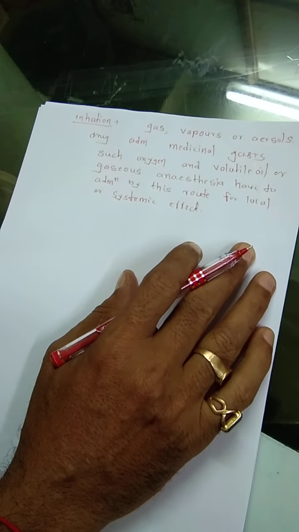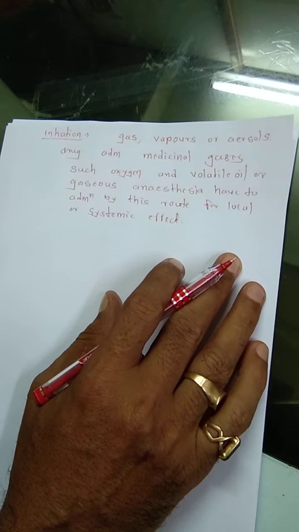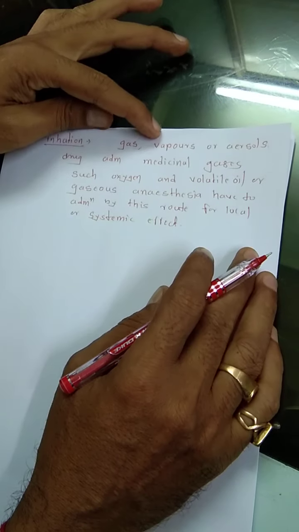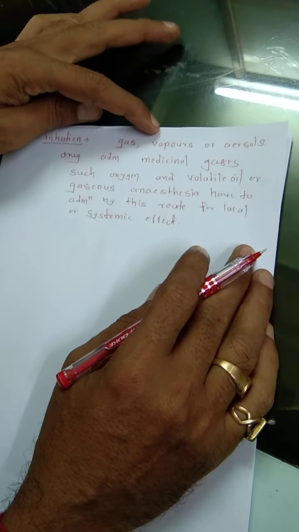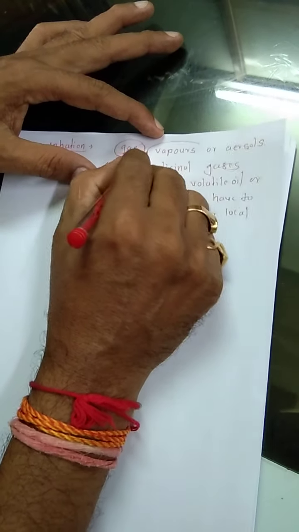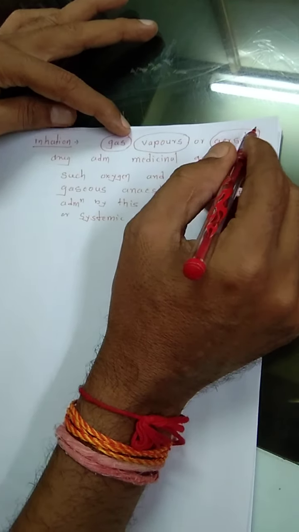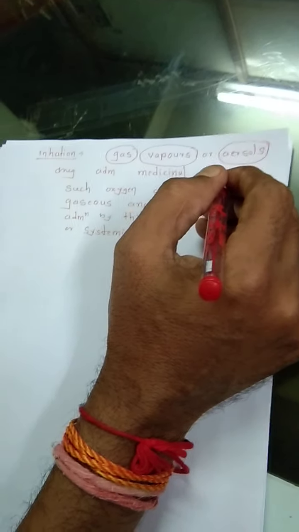Now again, see the repeat because of some disturbances. In the inhalation process, the drug may be administered in the form of gas, vapor and aerosol. The drug is administered as medicinal gases such as oxygen, volatile oil.